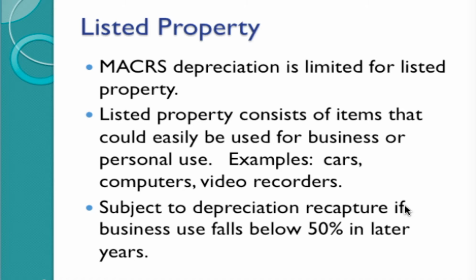These are subject to depreciation recapture if business use falls below 50% in later years. So basically, if either by choice or through audit it's determined that the business use is less than 50%, you are subject to having to recapture depreciation already recognized, basically the bonus depreciation already recognized on these assets, as taxable income in the year that this recapture takes effect.